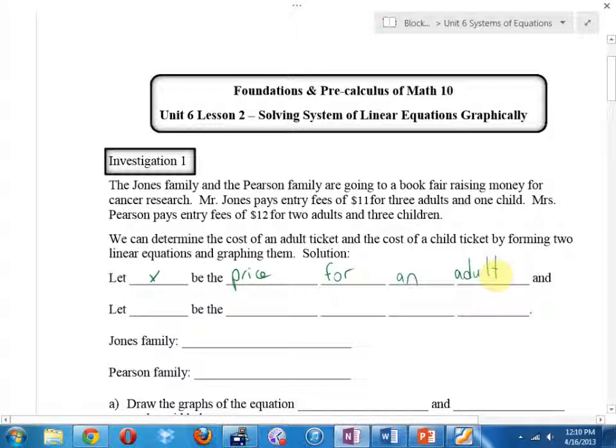What would be a good letter to use for the price of a child? Y be the price for a child.